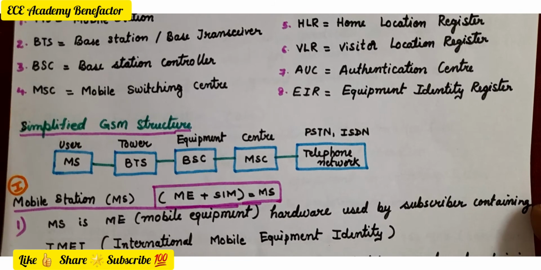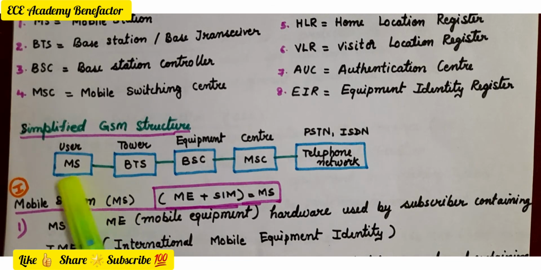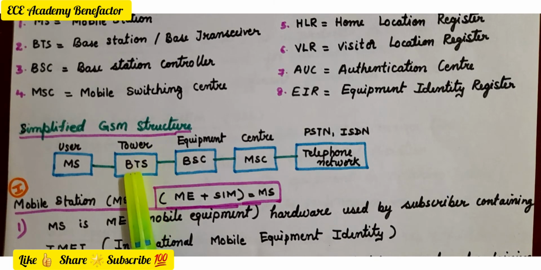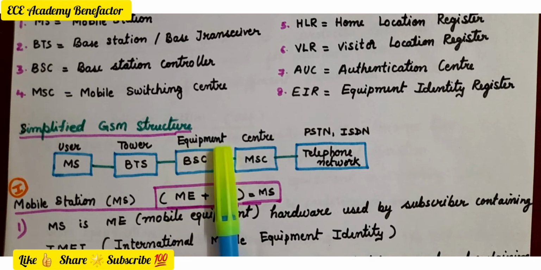Here we have seen the detailed architecture of GSM, which is simplified here. In this simplified GSM structure, what is mobile station? The user holding the mobile phone is the mobile station. From the mobile station it goes to the BTS. BTS is what? A tower. From the BTS it goes to the BSC, a base station controller, an equipment.